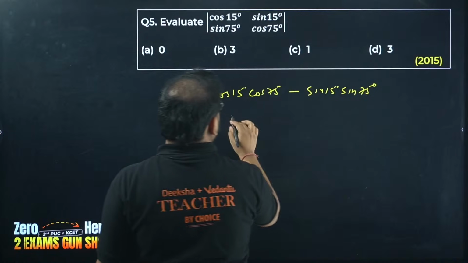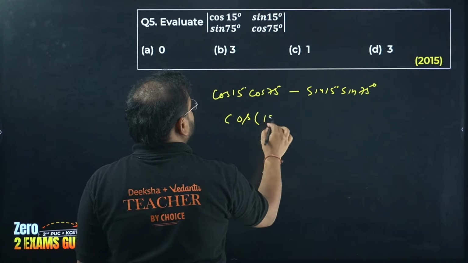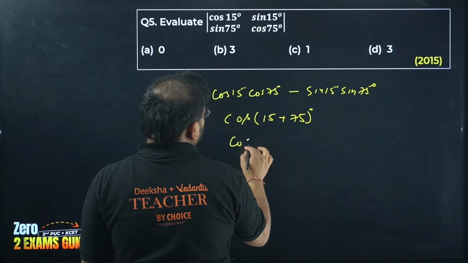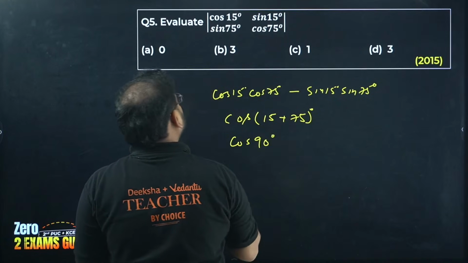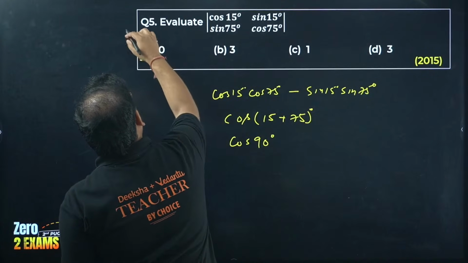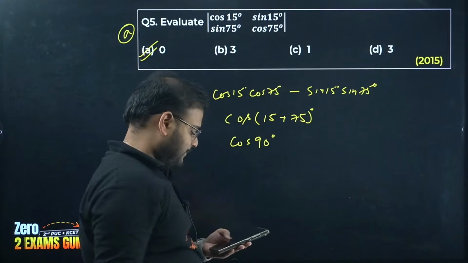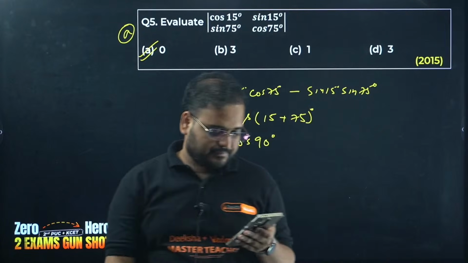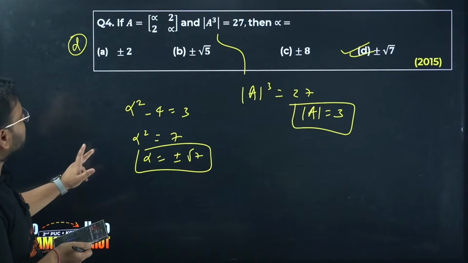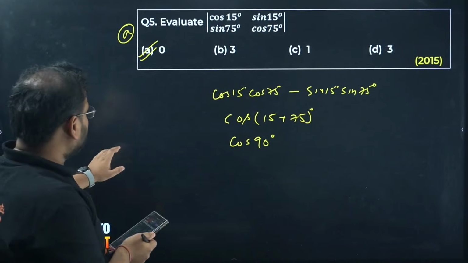If you know the formula, of course, sir, cos of 15 plus 75 degrees. The answer is given by cos 90 degrees, and the answer is 0. So option is A. Was the fourth D? Let me check. Yeah, fourth was D. This fifth one is A.